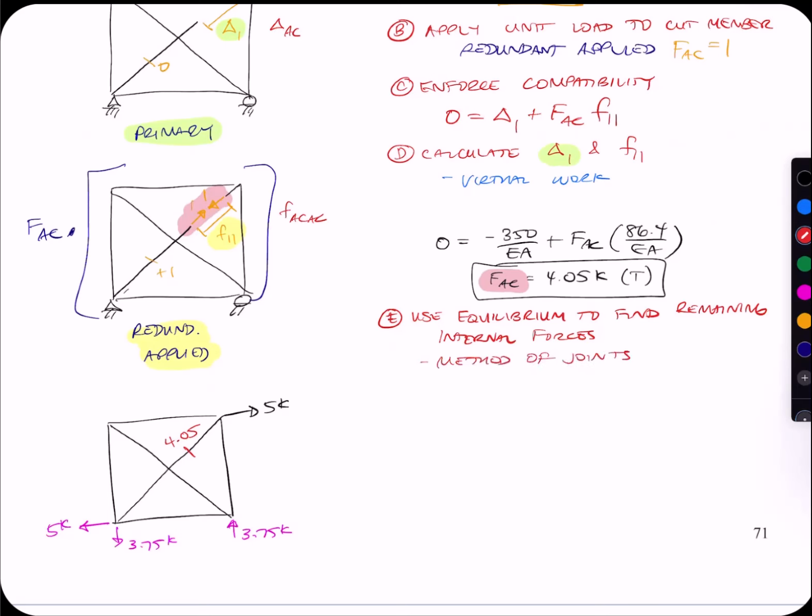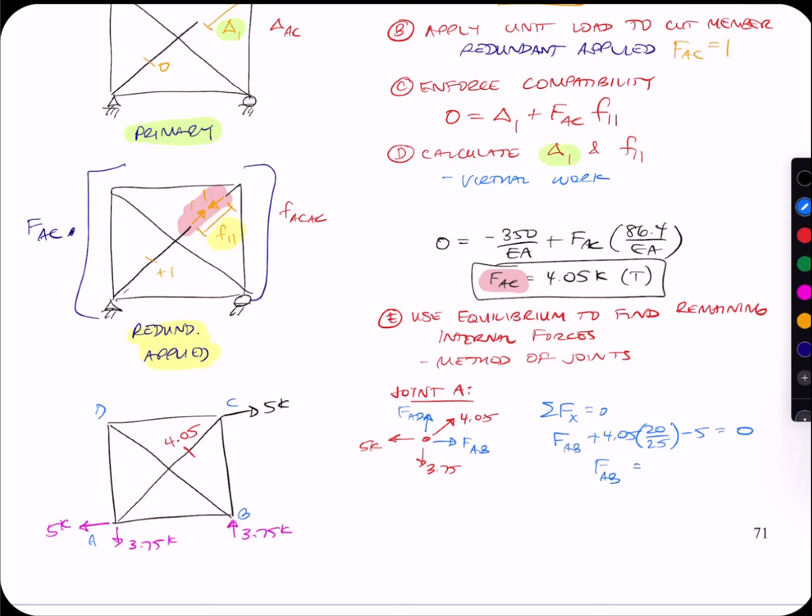I would start with either A or C, since that's where we have the most information. So I look at joint A. I've got the 4.05 in tension. I've got my support forces, and then I have force AB.